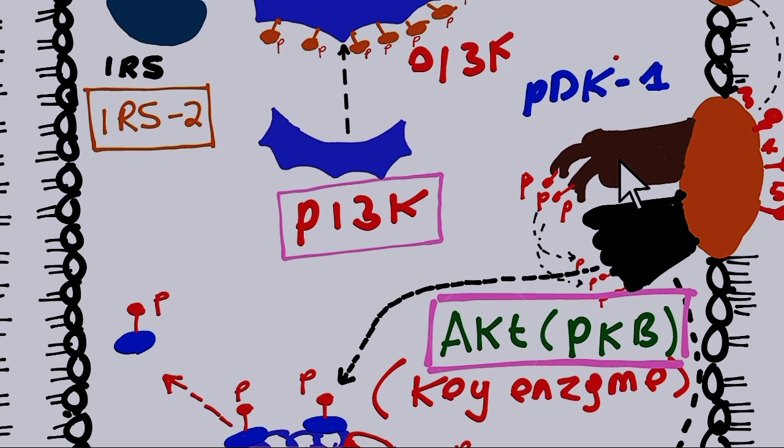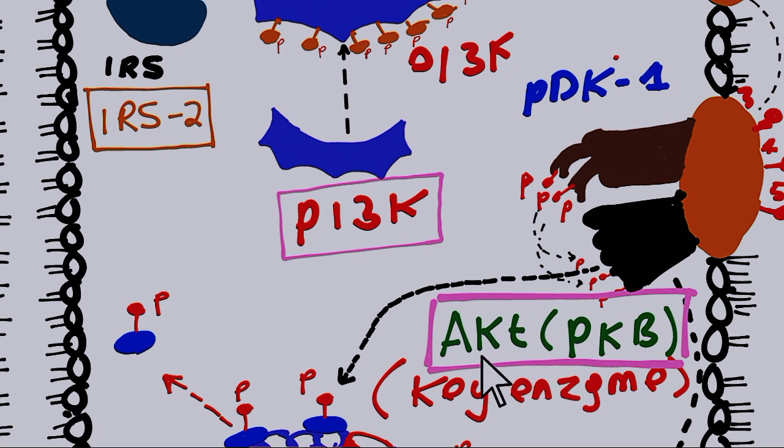So PDK1, after binding to PIP3, is going to become activated and it will start phosphorylating AKT, which is also known as protein kinase B. Now, when AKT is phosphorylated, this enzyme is very, very important because it is the enzyme that is going to influence glycolysis, glycogenesis, lipid metabolism. It is this enzyme. So this enzyme is very critical.